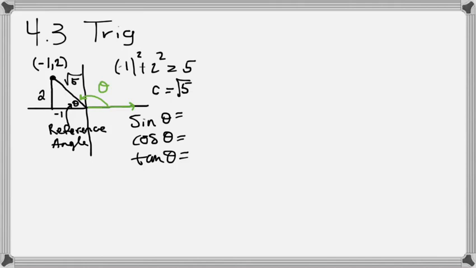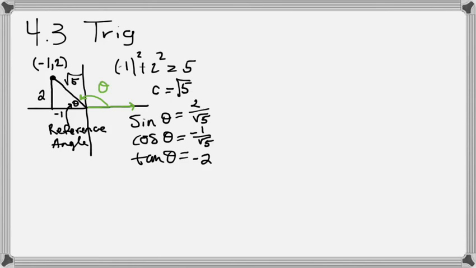We're going to let the coordinate dictate what the sine is, what the cosine is, and all those things. What's the sine of this angle? Good. It's just 2 over the square root of 5. What about cosine? And tangent. Yeah, -2. Let's make it easy.